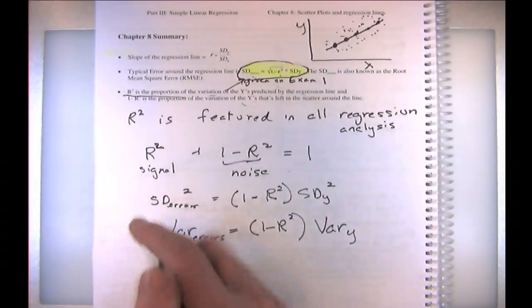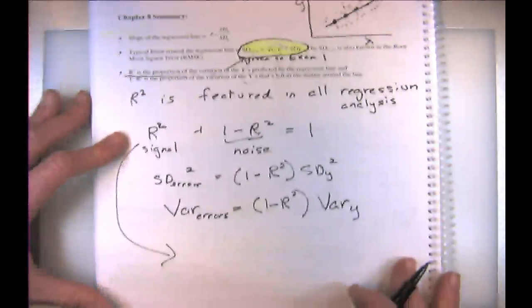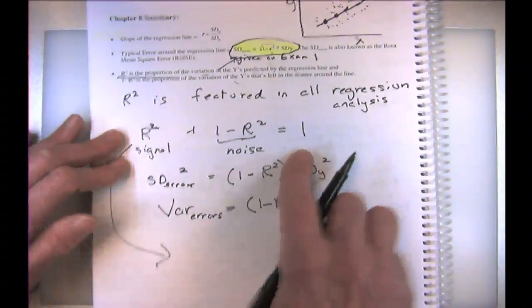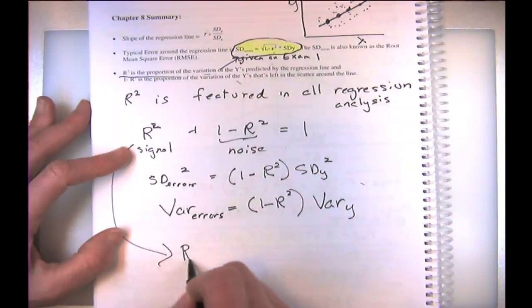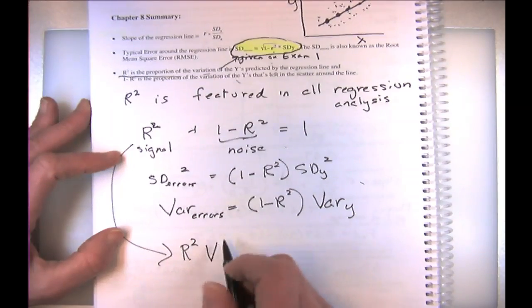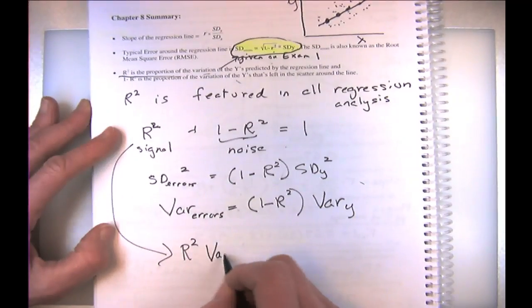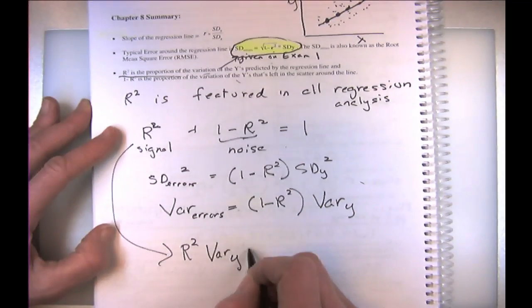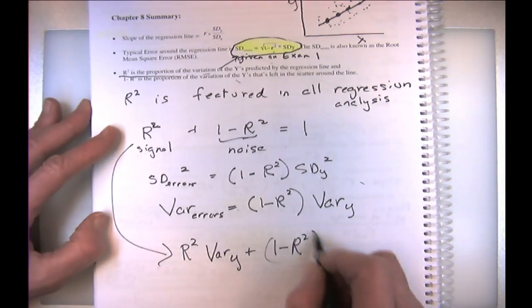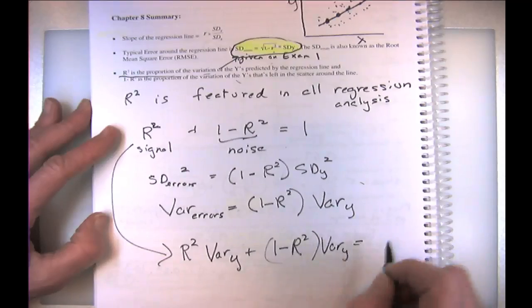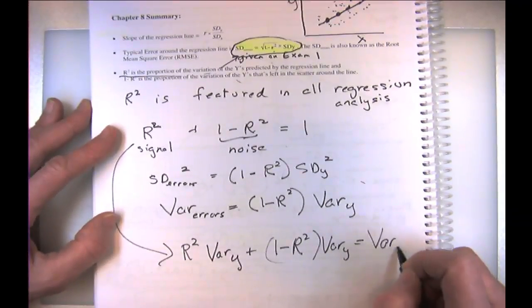And so if we do this, you'll see what I'm talking about. Just multiply this whole thing by the variance. This is true of everything. We're talking about the variance now. So you have r squared times the variance of the y's plus 1 minus r squared times the variance of the y's is equal to the total variance of the y's.